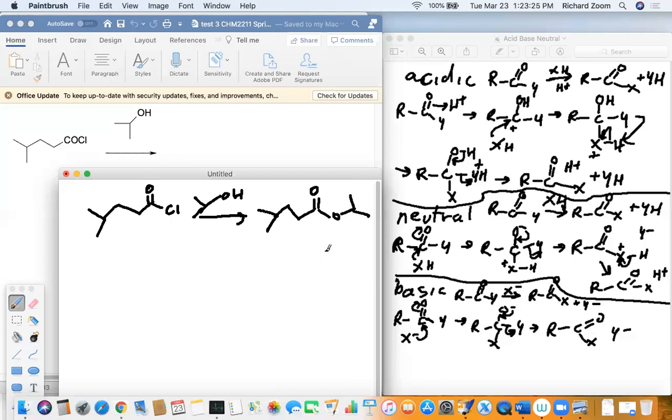Okay, here's what you should have had. So there's your Y group, and here is your X group. The X replaces the Y, and the Y group joins with the hydrogen here.